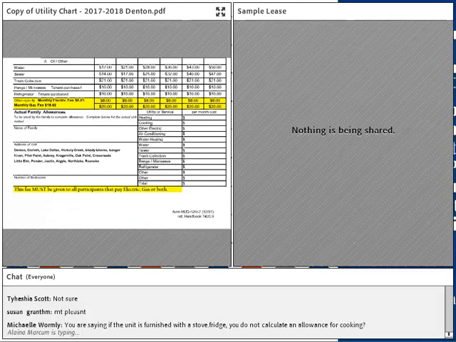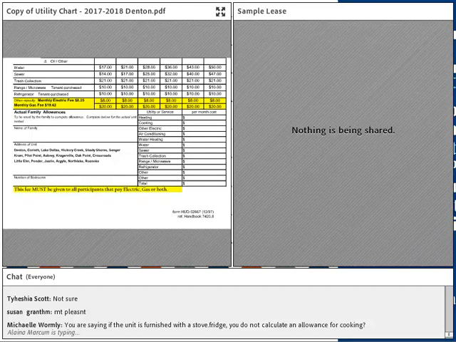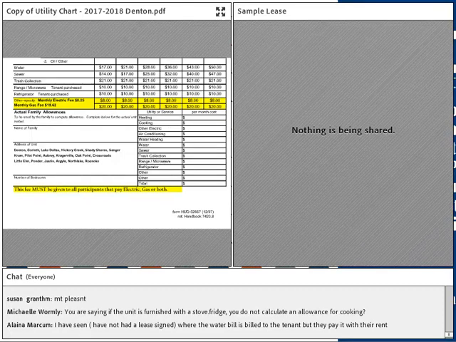And Taisha, it looks like for your question, this fee must be given to all participants that pay electricity, gas, or both. So in Denton, they're saying that everyone is getting this utility assistance, the monthly electric fee. So Michelle, does that make sense?